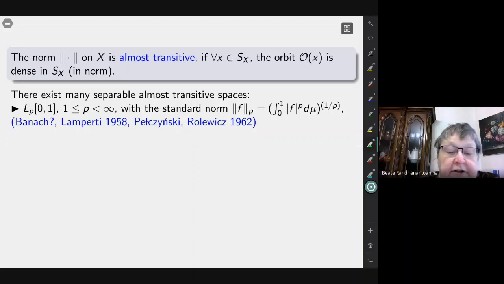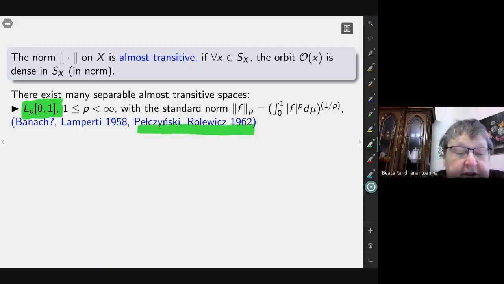The most familiar space, L_p on [0,1], is almost transitive in its standard regular norm that we all know. I think that possibly Banach knew it, I am not entirely certain. The isometries of L_p were described by Lamperti in '58.